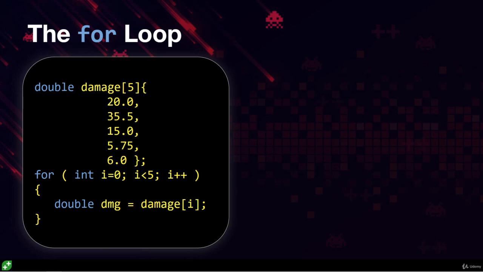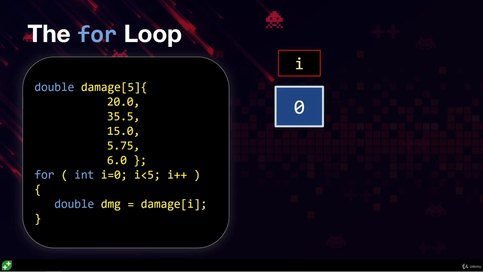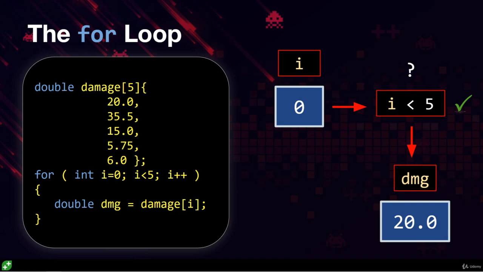So the very first iteration of the loop, our loop variable i will have a value of 0. This means that when we evaluate the loop condition, i is less than 5 will be true because 0 is less than 5. Next, we execute the loop body. So we have this variable of type double called dmg, and we're assigning it the value of damage at 0 because i is currently equal to 0. Well, the first element in damage has a value of 20.0.